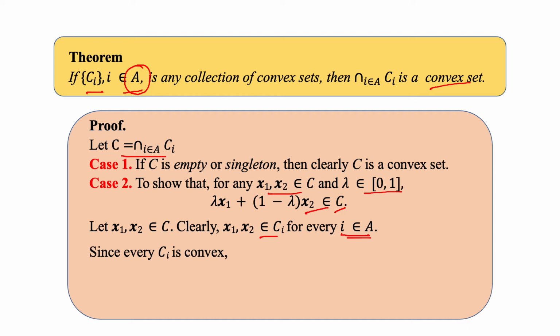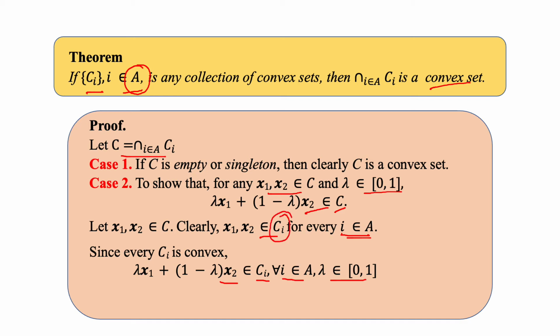By using convexity of Ci, we can say that lambda x1 plus (1 minus lambda) x2 belongs to Ci for every i belonging to A, where lambda is in the closed interval 0 to 1. This is because every Ci is a convex set.